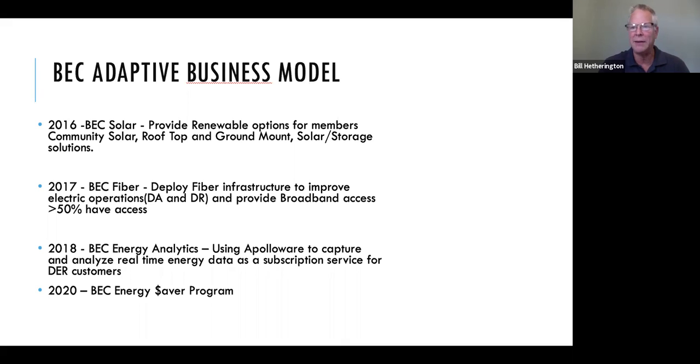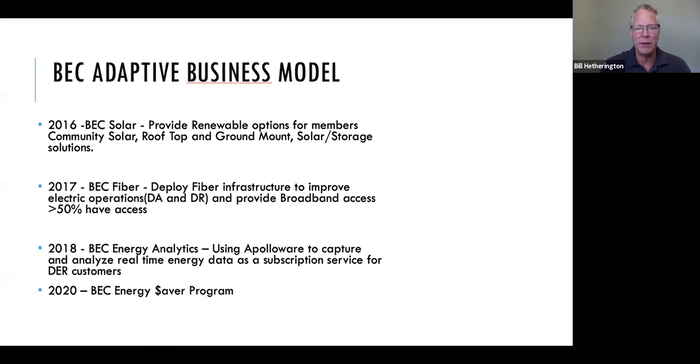Getting data back, I think Scott showed in his first slide, the tremendous amount of data that is generated when you start monitoring things at a second level. It's voluminous. And so being able to harness that correctly has been a challenge, but also you have to have a secured communication network that can handle it. And so the fiber network also enables us to provide that.